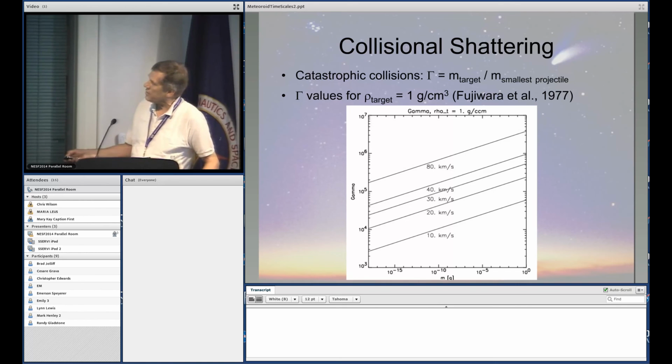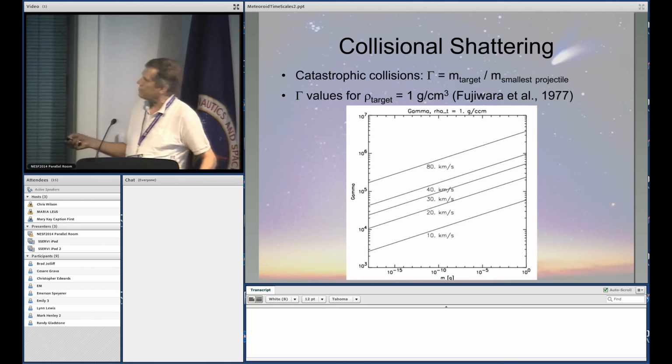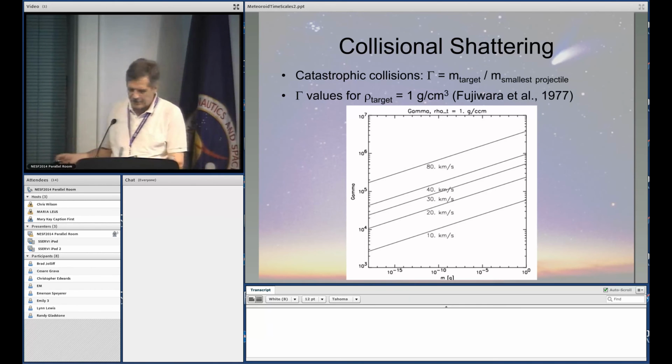At 20 kilometers per second, for example, the mass ratio between the target mass and the smallest fragmenting projectile is 10 to the 4, up to several 10 to the 5 times the projectile mass. So this is a significant factor.